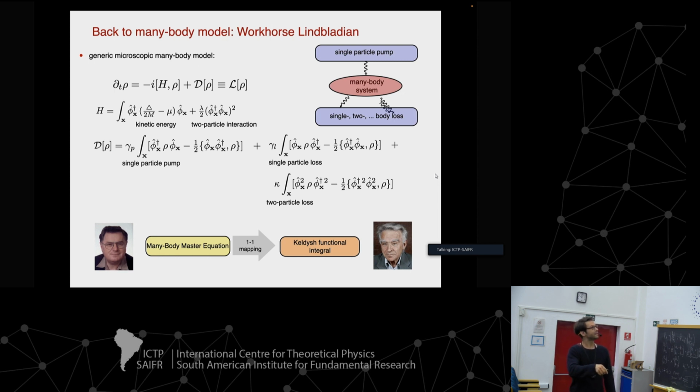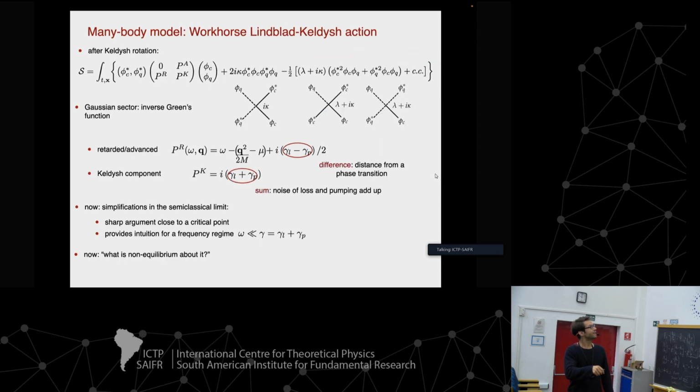We map this into a Keldysh functional integral, and then we get this beast out here. This is also a very useful calculation that I advise to do. You start from this Lindblad action that I wrote down, and then you construct the Keldysh functional integral to begin with in this plus-minus basis.